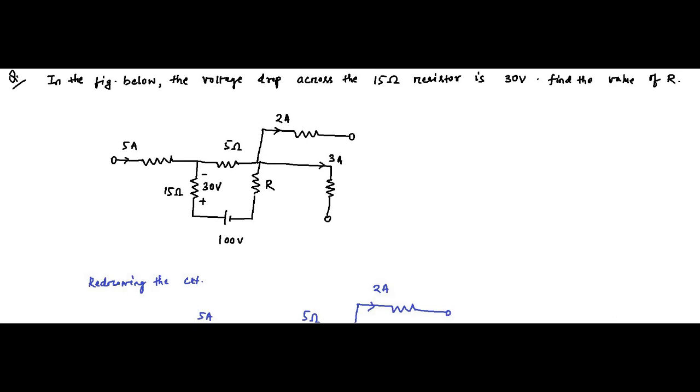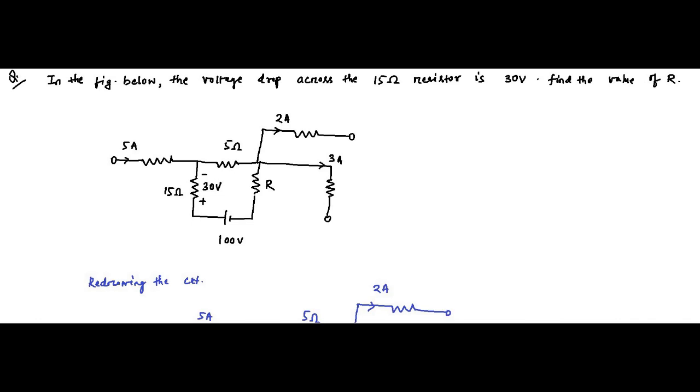Hello friends, so this is the first question related to KVL and KCL basics, which we'll discuss. It has been given that in the circuit diagram below, the voltage drop across this 15 ohm resistor is 30 volt with the polarity assigned, and we have to find the value of R, this unknown resistance.